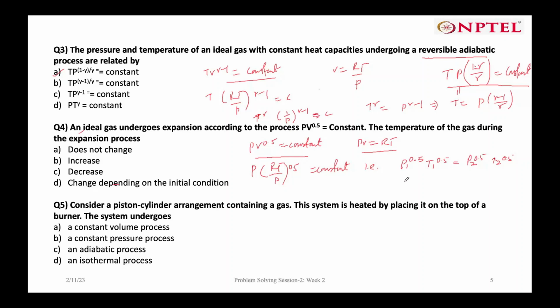So T2 divided by T1 is equal to P1 divided by P2. In an expansion process, generally the final pressure will be reduced. So P2 is less than P1 for the expansion process. So it means P1 by P2 is greater than 1.